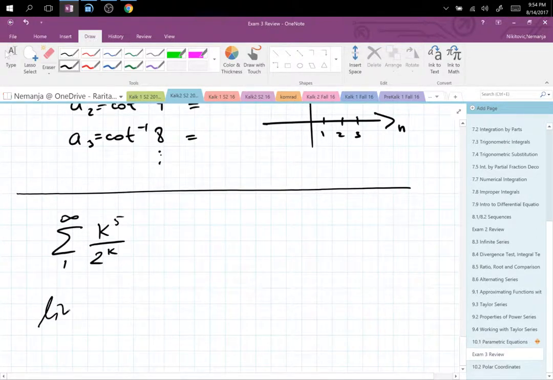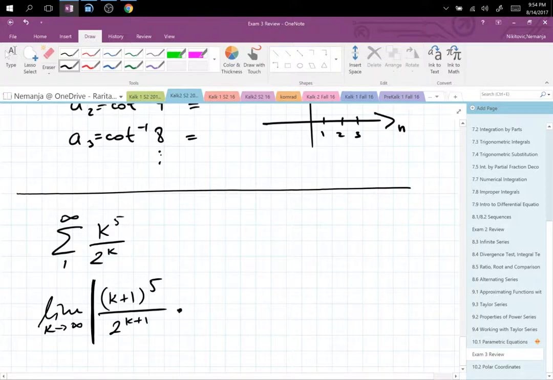So we're going to take the limit as k goes to infinity of the absolute value of (k plus 1) to the 5th over 2 to the k plus 1, times 2 to the k over k to the 5th. Don't forget the absolute values.